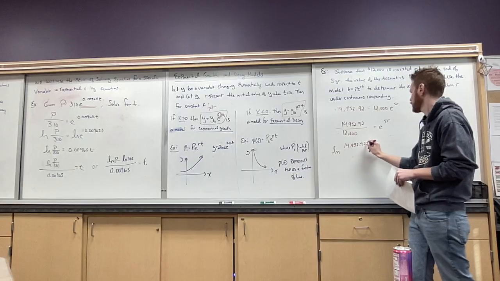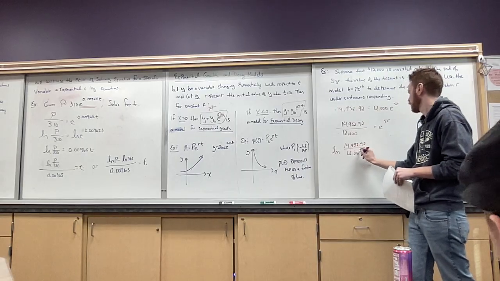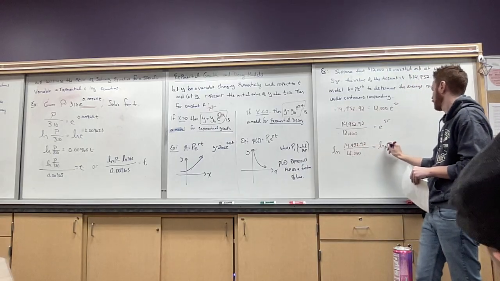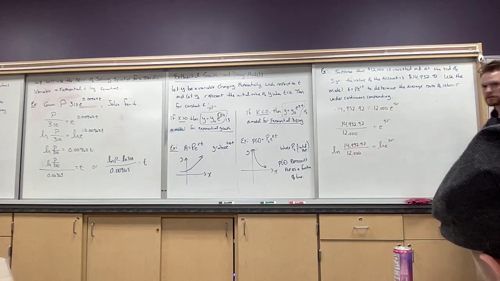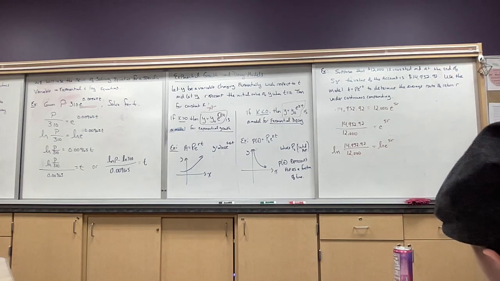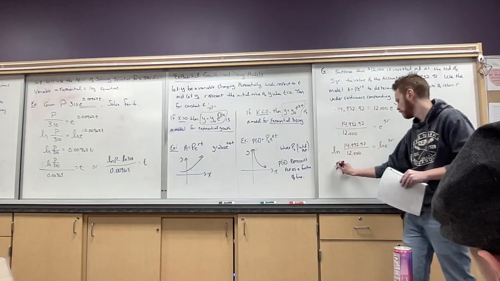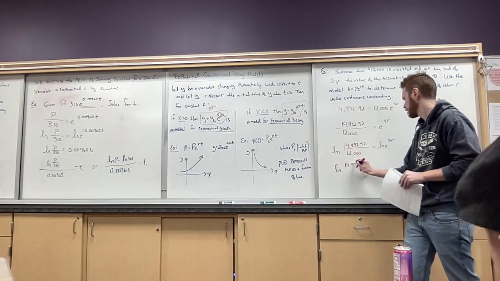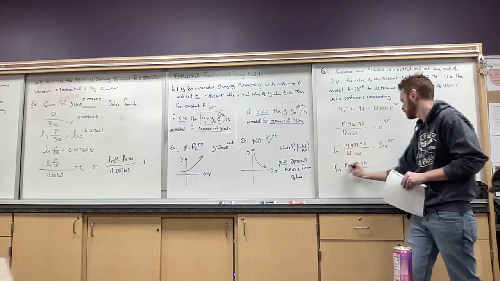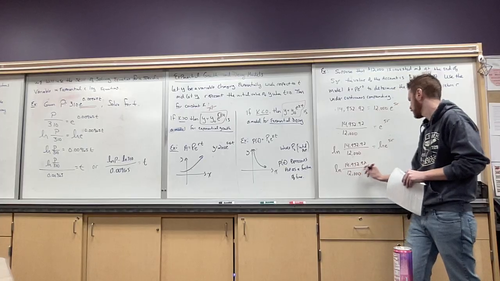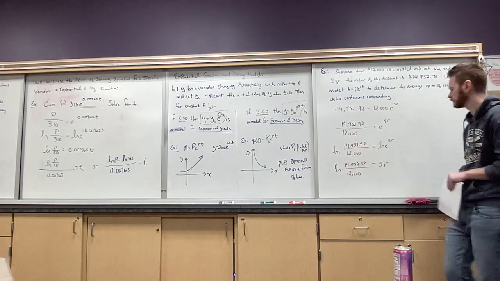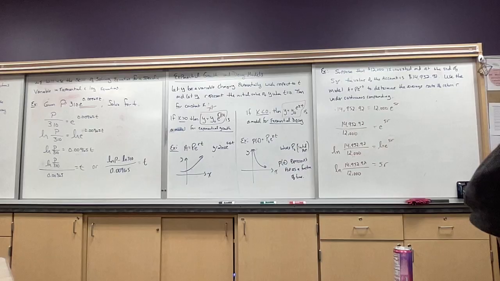So here we go. Take a natural log to both sides. You could start skipping steps. I'm just showing all my steps here, but you could just let that be 5r instead of rewriting it that way. So let me rewrite this as 5r. And then to solve for r, I'm just going to divide by 5.